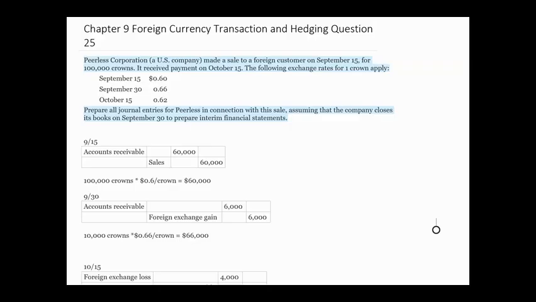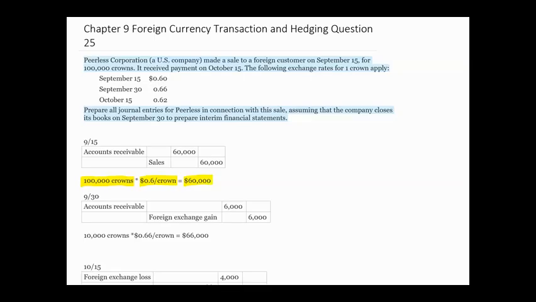So on that day, in total, the foreign customer owed the US company 100,000 crowns. Based on the exchange rate on September 15th, 1 crown is worth 60 cents, so 100,000 crowns in total is worth $60,000.